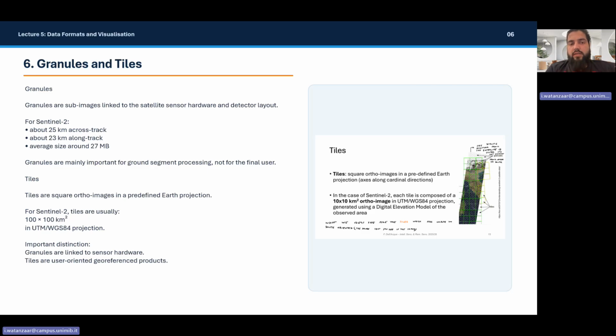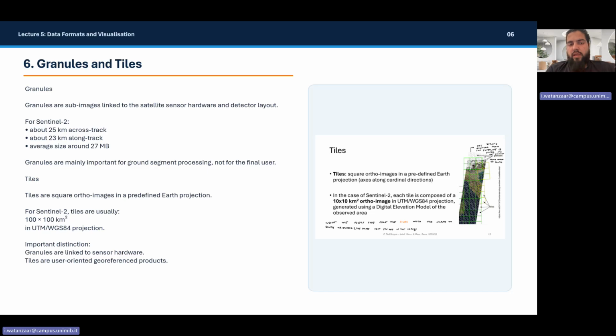Granules are the sub images linked to the satellite sensor hardware and detector layout. For the Sentinel-2 case, they are about 25 kilometers across the track and about 23 kilometers along the track, and the average size of a granule is 27 MB.